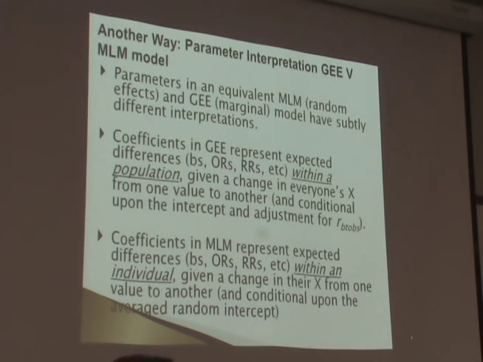Versus in an MLM, these are expected differences within the individual, given a change in their X from one value to another, and conditional upon the average random intercept, so the average intercept across individuals. Does anyone want to add to how they think about the differences between the two?